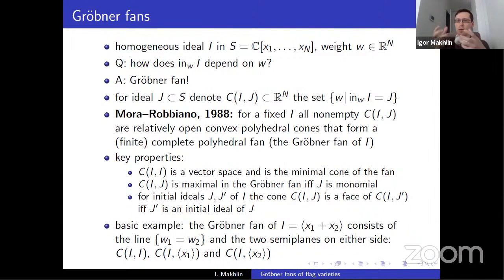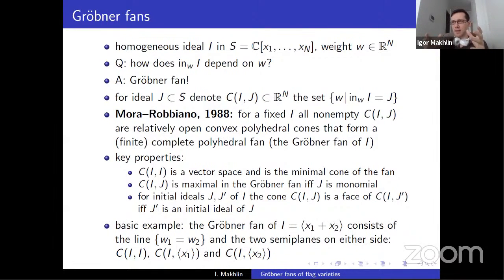The main thing is that there are many cones with different dimensions, but there is a finite number of different cones. So every ideal has a finite number of initial ideals, and all of these cones fit together nicely to form a polyhedral fan. I think most people know what a polyhedral fan is.